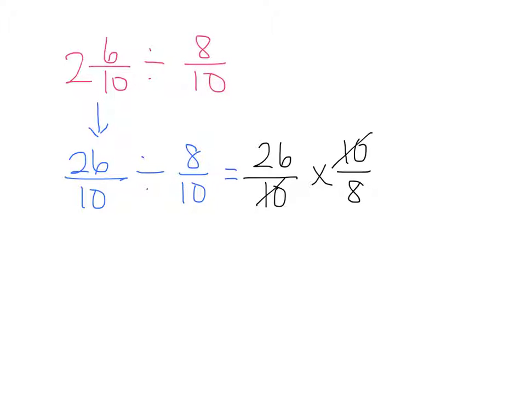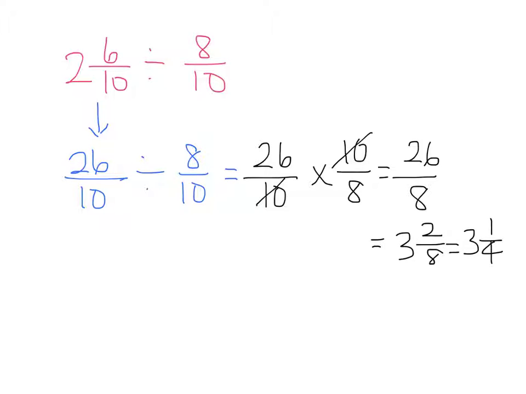You can eliminate the tens, and you get 26 over 8, which equals 3 and 2 eighths, which is equal to 3 and 1/4, which is equal to 3.25 as a decimal.